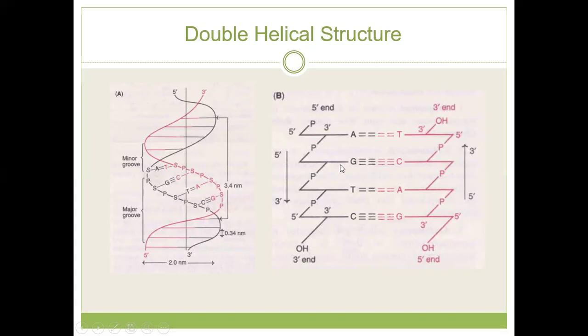This one is deoxyguanylate, which complements deoxycytidylate through 3 hydrogen bonds, and we can see the 3 hydrogen bonds here. This one is deoxythymidylate. It complements deoxyadenylate through 2 hydrogen bonds, and we can see the 2 dots here, which indicate the 2 hydrogen bonds.